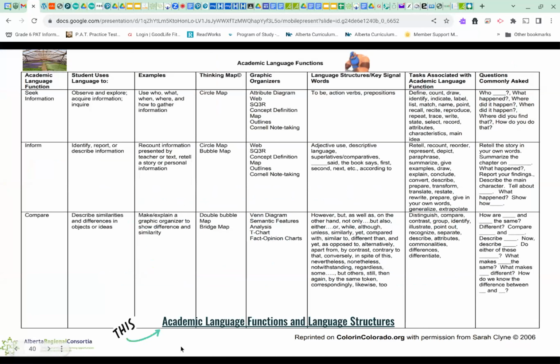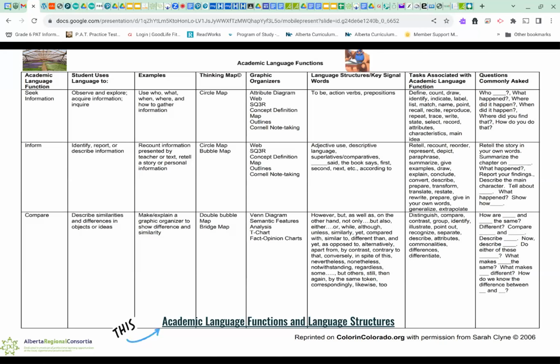So I have a chart in here that breaks down what the function is, what the student is using that language for, and what the structures are that students need to be aware of to complete the tasks associated with that function.